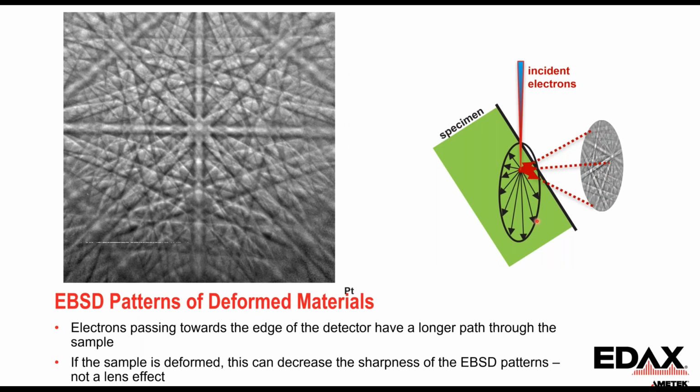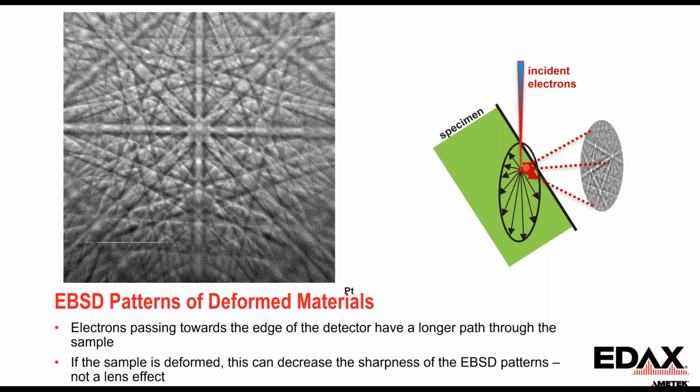And then for pattern information, one of the things we think is cool is we know as the beam comes into the sample and generates sort of a point source, as the electrons scatter back out, the patterns that come into the center have a smaller path distance through the material than those that go towards the edges and the corners.